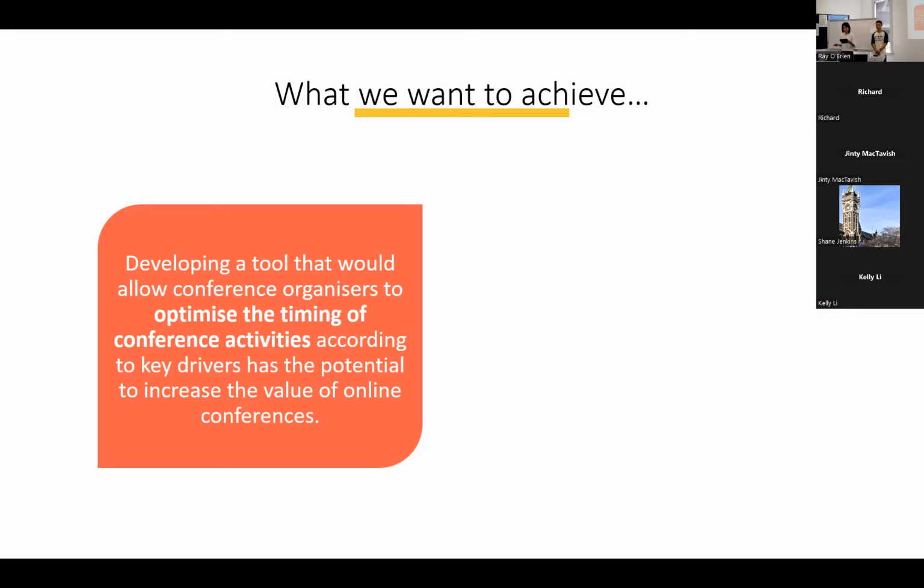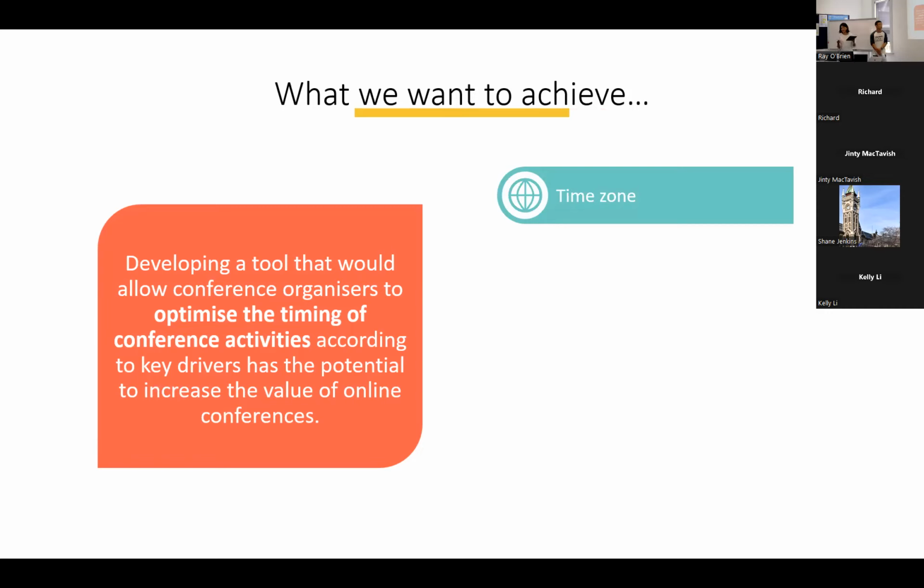If we can optimize the timing of conferences, we will be able to accommodate participants from remote places and increase the value of virtual conferences and really increase inclusiveness. So this sounds like a very ambitious goal. When we were developing this prototype tool, we thought of so many key drivers.